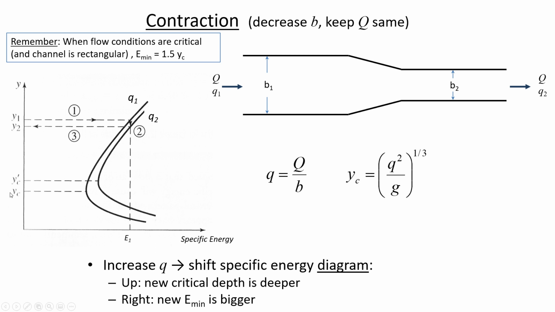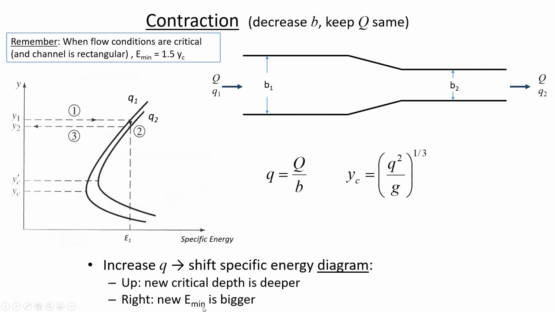Here, see how they've got the YC before the contraction, and then here what they're calling Y prime C is the critical depth after the contraction. So that pushes the specific energy diagram to the right and also upward. It pushes it to the right because there is more specific energy for a given depth, but it pushes it upward because of the increase in the critical depth.